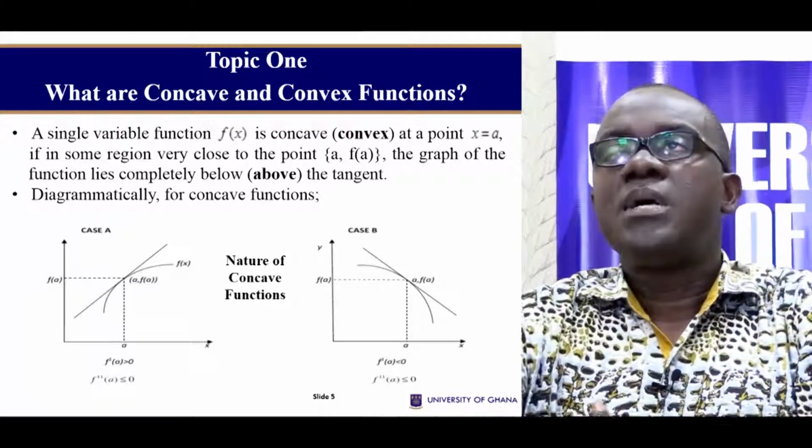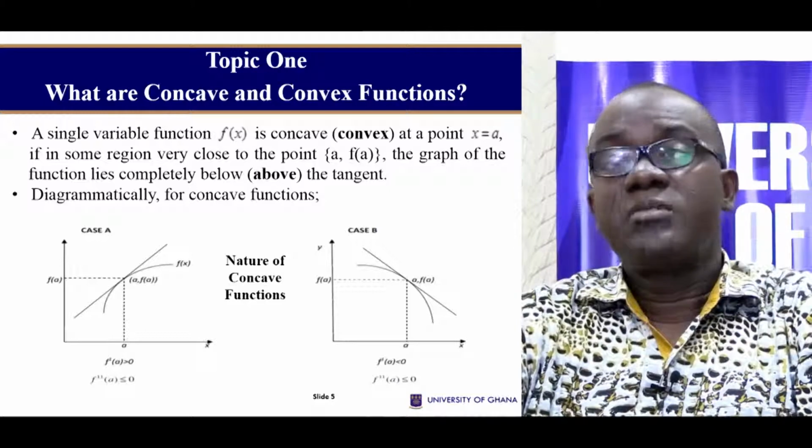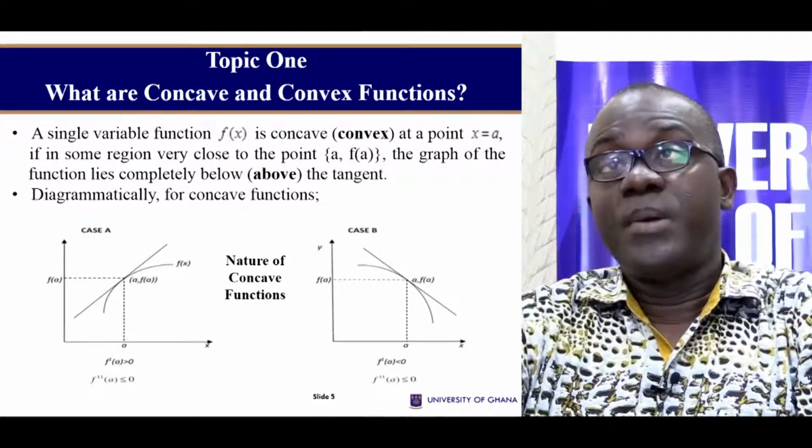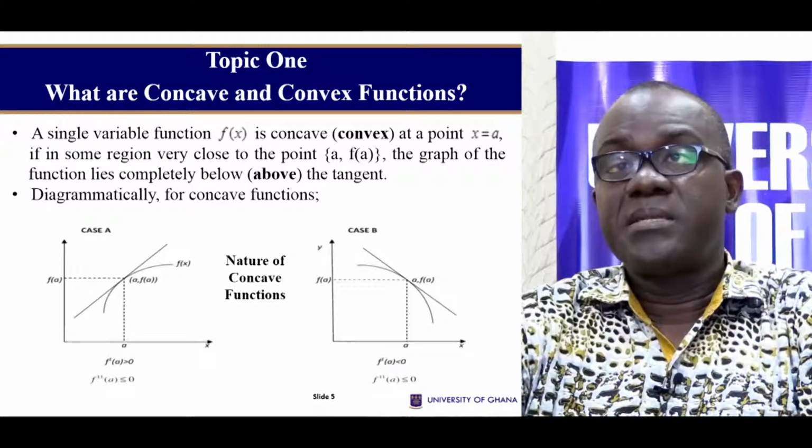Now, what are concave and convex functions? I'll first look at it when you have a single variable function, which you have been dealing with to date. Let's say y equals f of x, right?